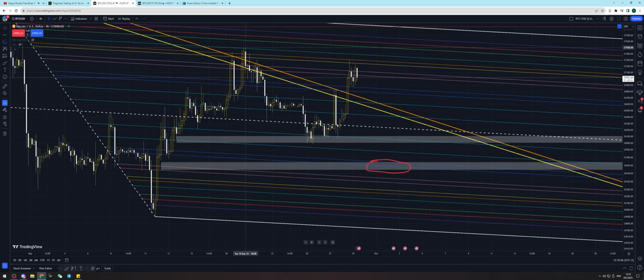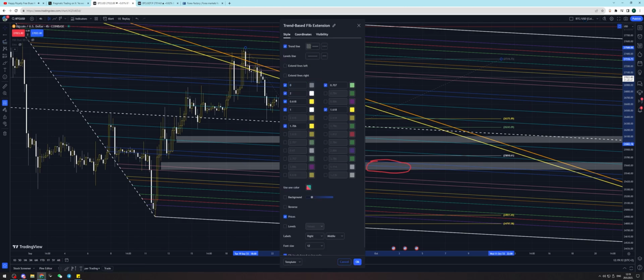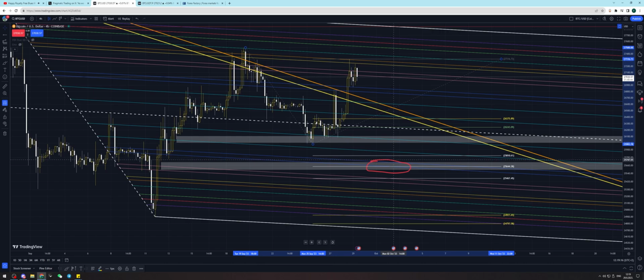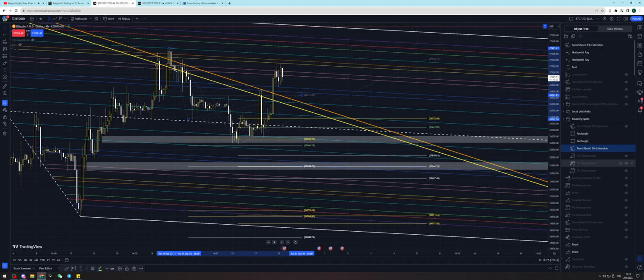Now, I'll try and measure the potential of this wave to see if there's something cool here. Yeah, just like I thought. So we have a fib here. We have the good old confluence here. Let me turn it on. Bouncing spots. Oh, nice.